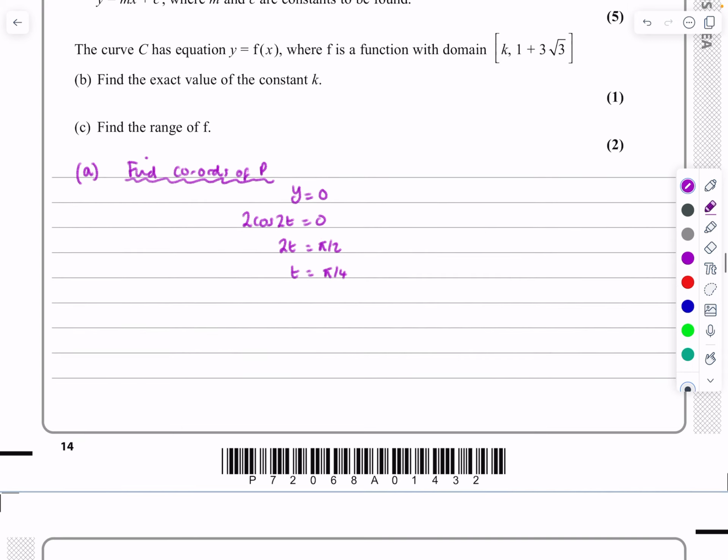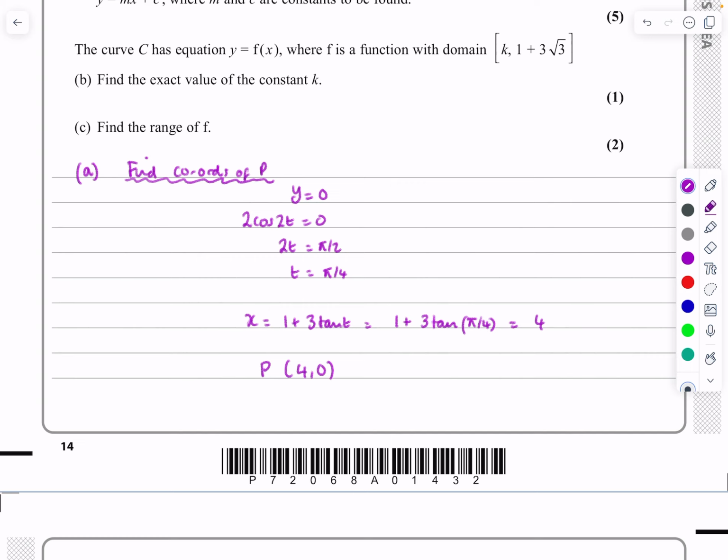So that's useful because I can use that to work out what the x value is. Remember, x was equal to 1 plus 3 tan t, so that's 1 plus 3 tan pi over 4. And if you stick that into the calculator, we get the answer 4. So we get that P is the coordinate 0, 4. So, sorry, no, it's not. This is the coordinates 4, 0. That's why we take our time with these things.